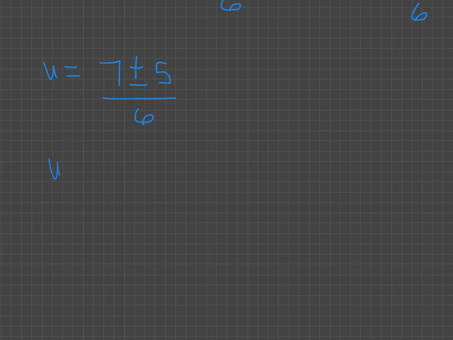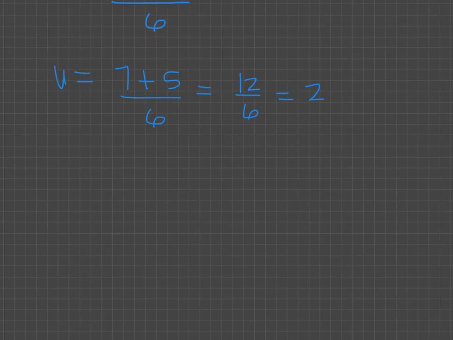We take the positive case, u equals 7 plus 5 divided by 6, and that's equal to 12 over 6, which is 2. And we take the negative case, u equals 7 minus 5 over 6, is 2 over 6, which is 1/3.